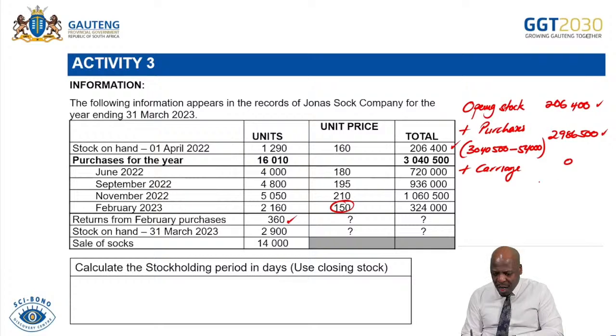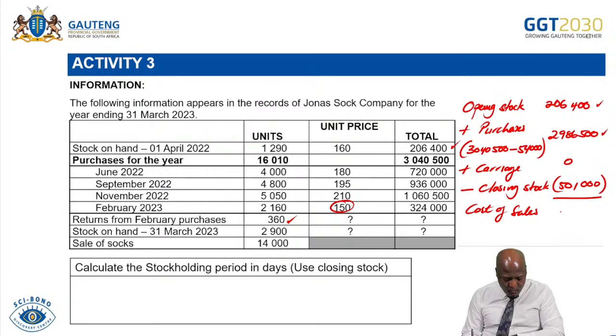If with customs duty, you would come and add it there. Then you say minus closing stock. We calculated the closing stock, if you remember, and the closing stock was 501,000. This would then give us our cost of sales, which will be 2,691,900.